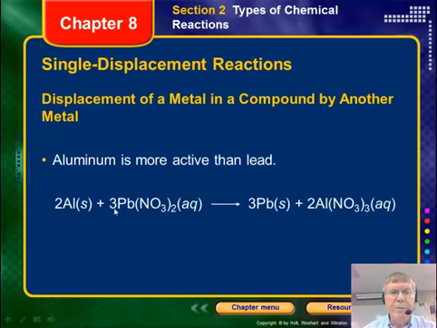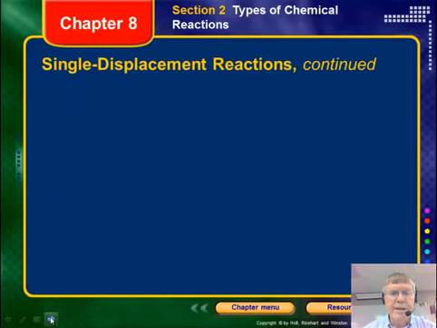Here you see we have aluminum plus lead(II) nitrate. The aluminum is more active, and so it will replace the lead. The lead comes out, and you would find lead being deposited usually in the bottom of the beaker, and aluminum nitrate will be in aqueous solution. That's very typical of the type of reaction that you get in this situation.